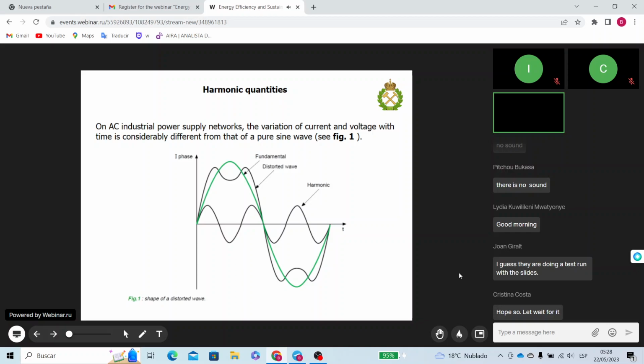If we have some harmonic, its frequency is equal to the frequency of the fundamental component multiplied by some number, for example, 2, 3, 4, 5, and so on. And when we have such harmonics in our power supply system, the waveform of voltage and current will be distorted. And such distortions are the main reason of some negative effects in power supply systems.